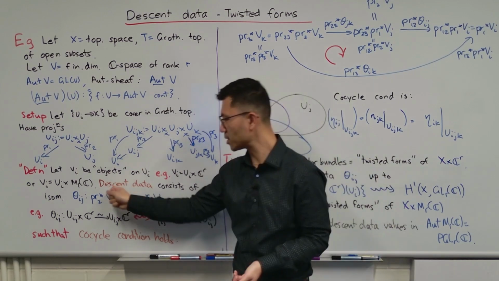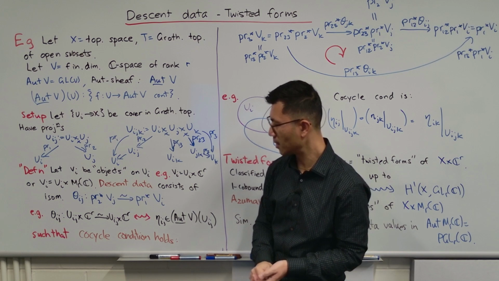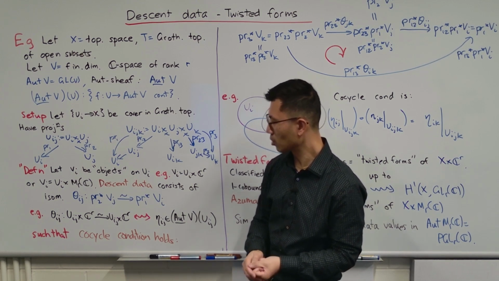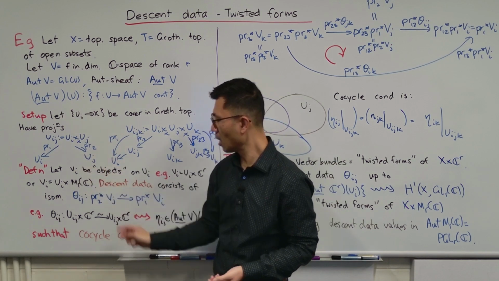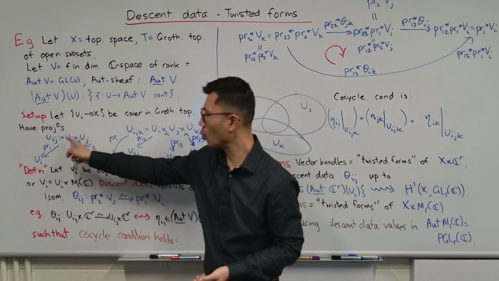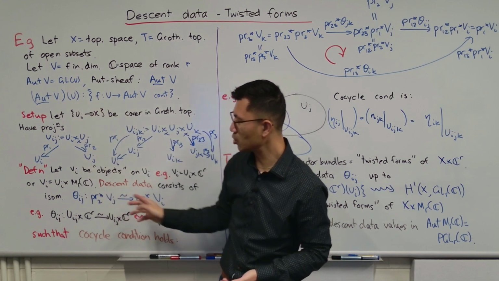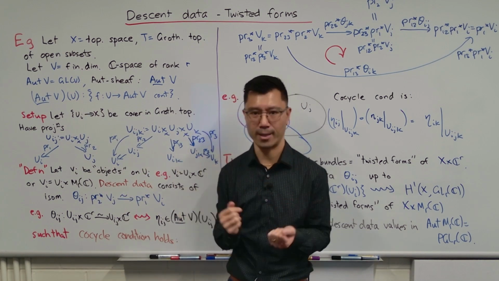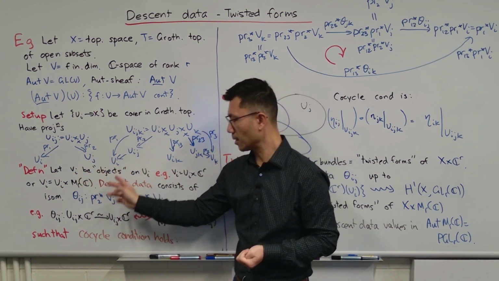Okay, so what does descent data consist of? What you want to do here is consider this set of objects. You'll have some V_j on here, and you're going to pull it back up to U_i cross U_j, so this U_ij, by projection 2 star. We're going to assume that you can pull these objects back. That's part of what's involved in this theory.